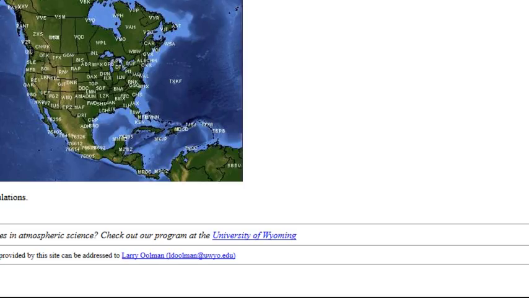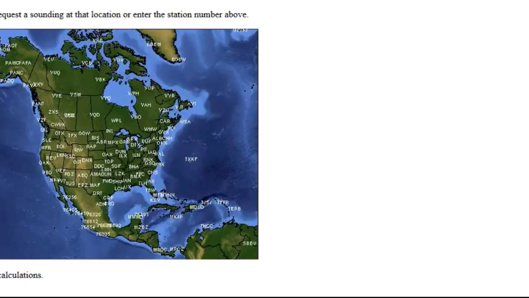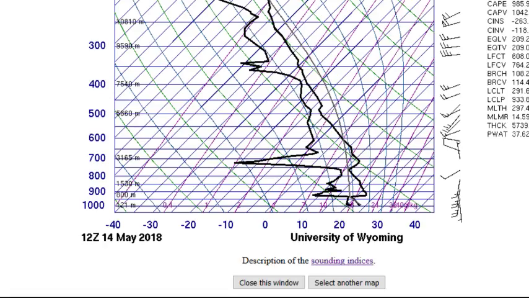And that brings us to the soundings. Let's check those out. Fort Worth. Do we have a Fort Worth sounding? No, we do not. But that's fine. We'll look at the morning sounding. Okay, so this is the 12Z sounding there at Fort Worth.